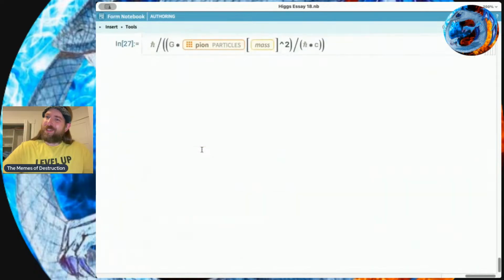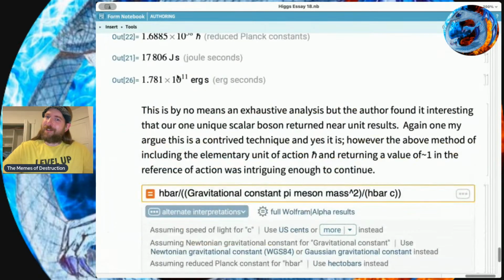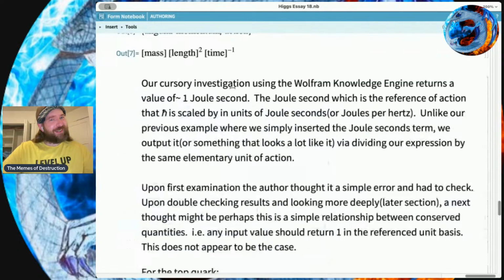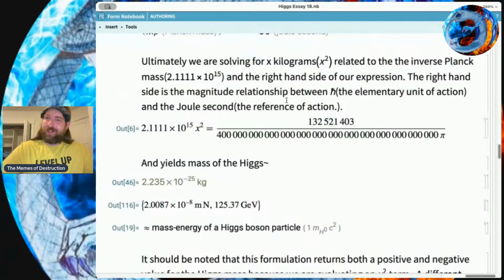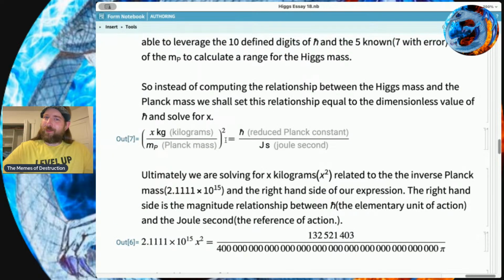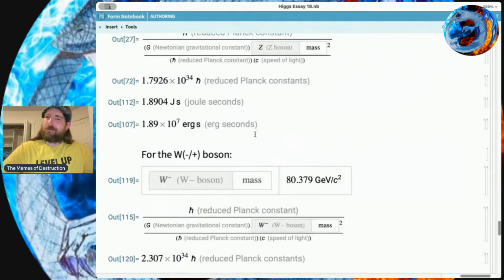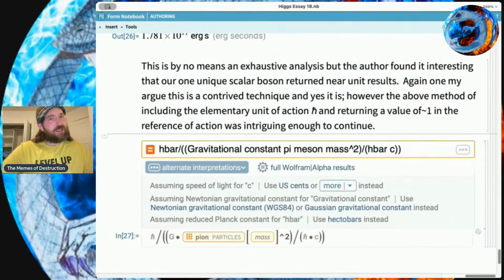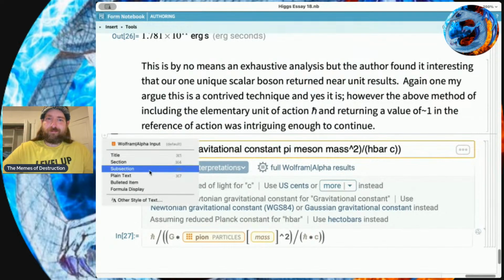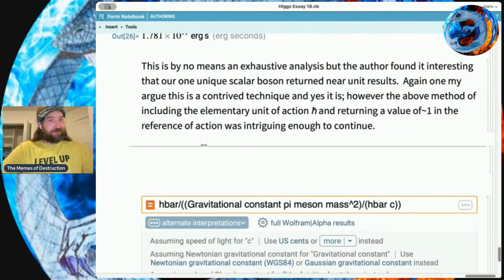What do we do? Let's take self-interaction. Good one. Got that? Because basically, if we use this expression here, there we go.